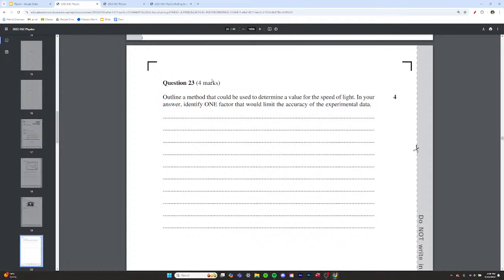That could be used to determine a value for the speed of light in your answer. Identify one factor that would limit the accuracy. So I would talk about the rotating mirror. Here I would draw a diagram as well. Source of light shines onto a mirror, another mirror, the mirror rotates.